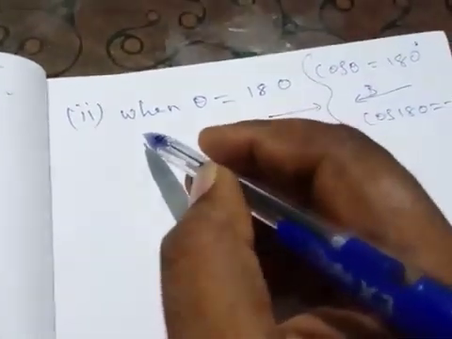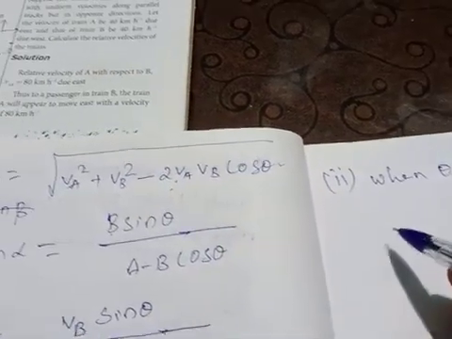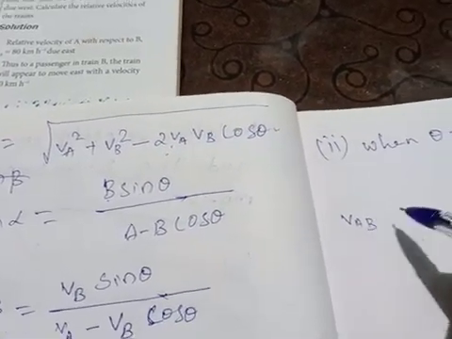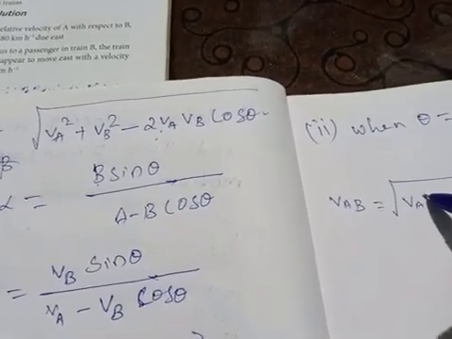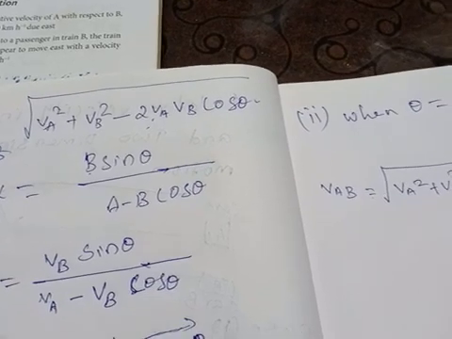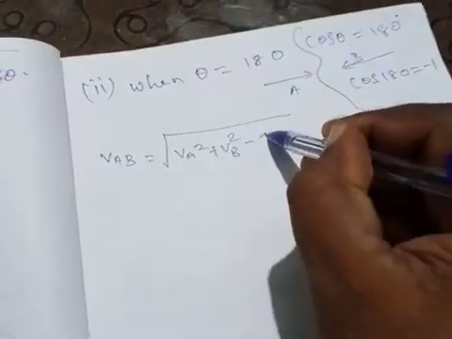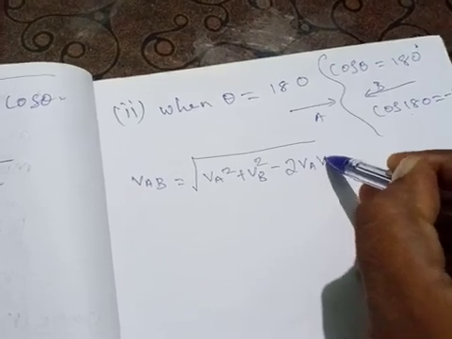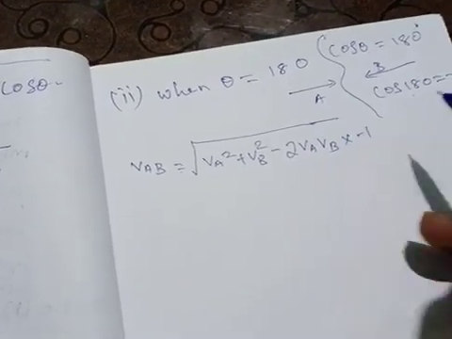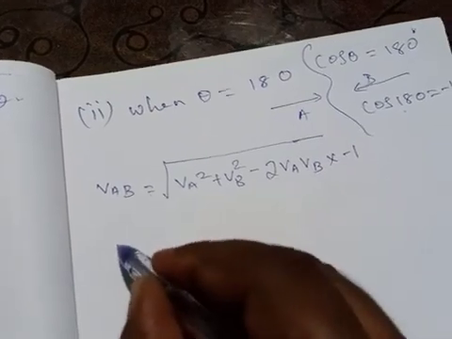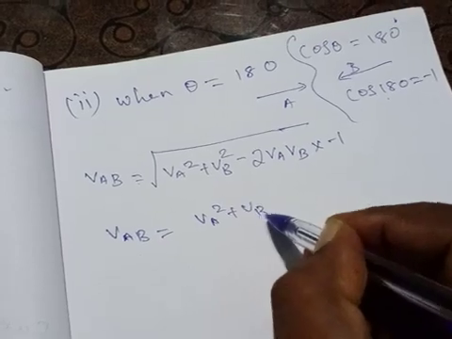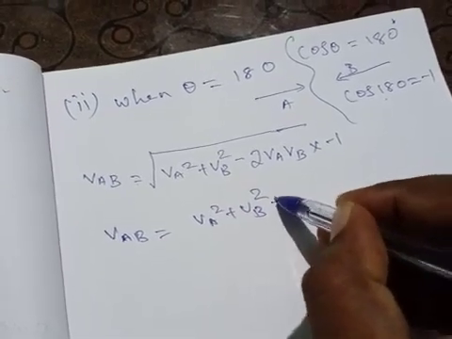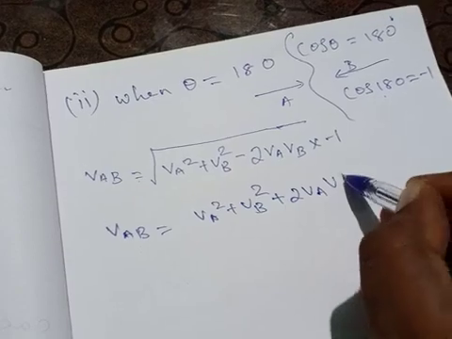Now in this case, apply this in the formula. So what will come? VAB is equal to root of VA square plus VB square minus 2VA VB into -1. So we will get VAB is equal to root of VA square plus VB square, minus into minus is plus, so plus 2VA VB.